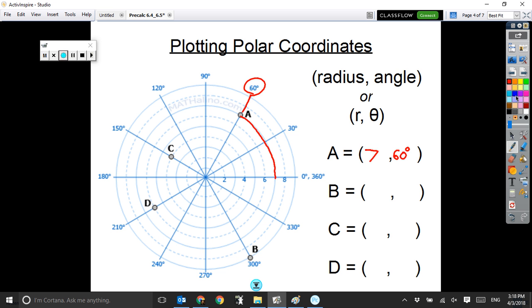Let's look at the other ones. B is right here on the outside. If I bring it along, I see that it's outside of 8, so 1 more than 8 would be 9. B has a radius of 9, and the angle associated with B is 300 degrees.